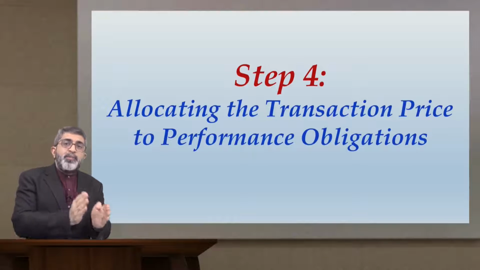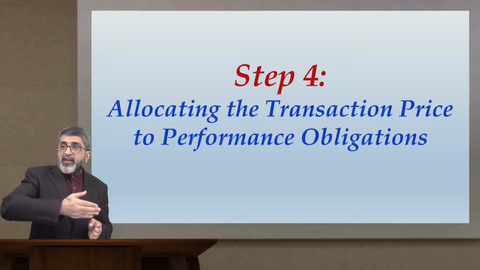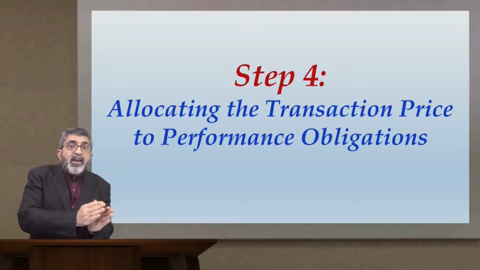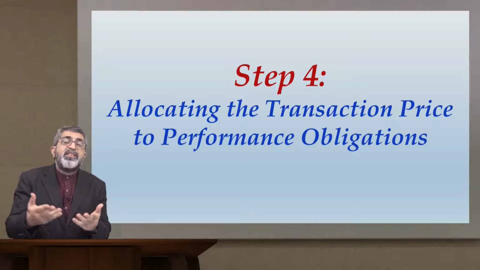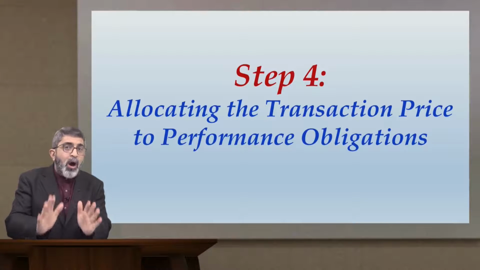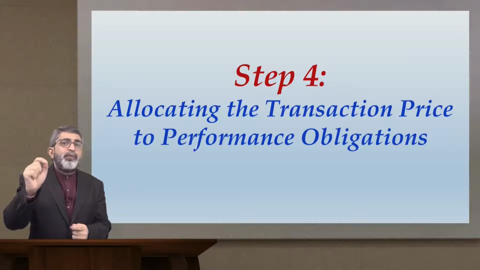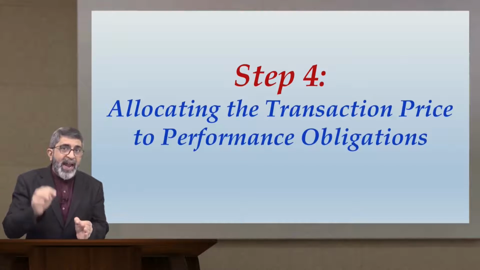Suppose the first performance obligation is not at a singular point of time but happens over a period of time, then such revenue will be recognized over a period of time as and when the performance is complete. How to do that revenue recognition, we deal with in the 5th step. Why am I talking about this at this point?